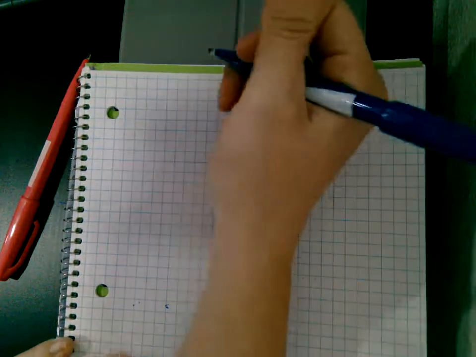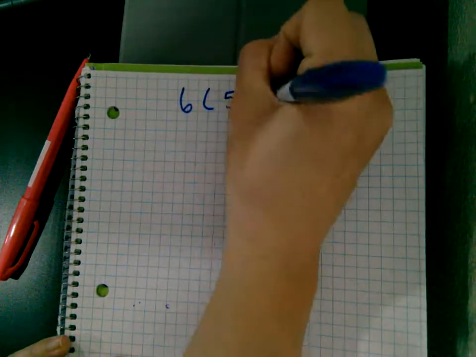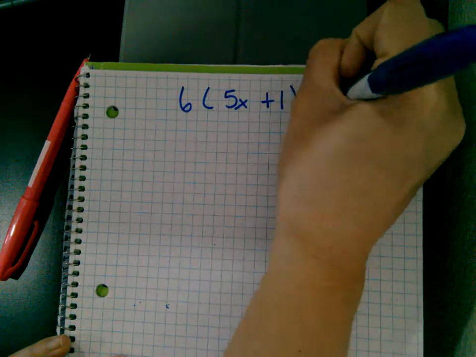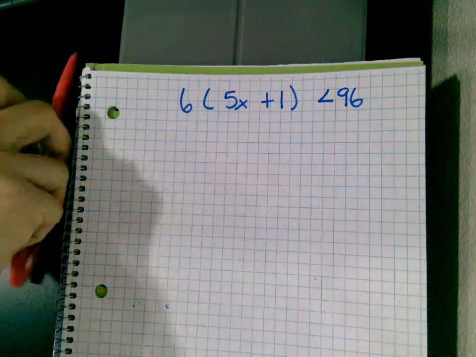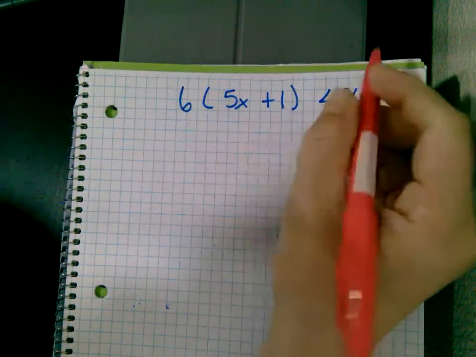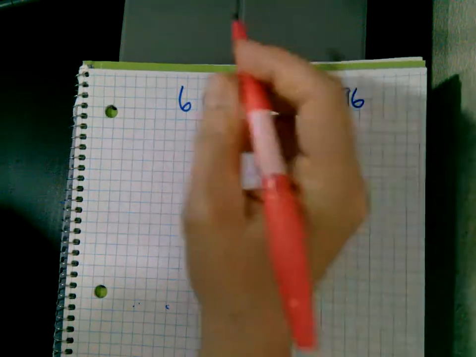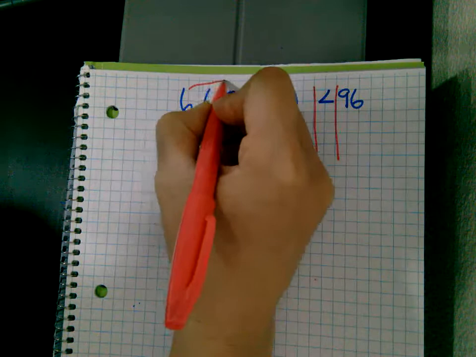Okay, so this is another level 2. 6 parentheses 5x plus 1 is less than 96. So we have this 6 outside the parentheses. Before we do anything to it or solve it or move anything to the other side, we have to distribute.